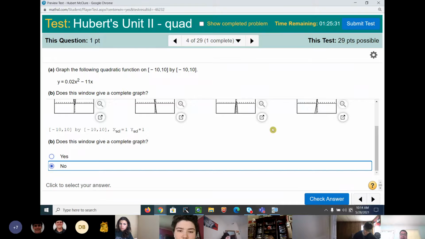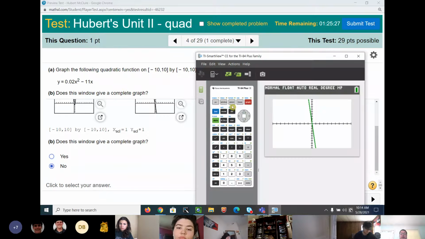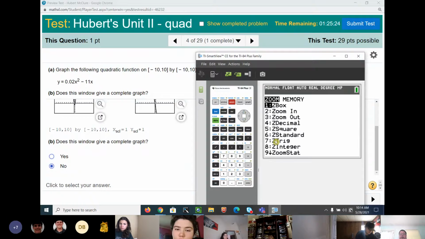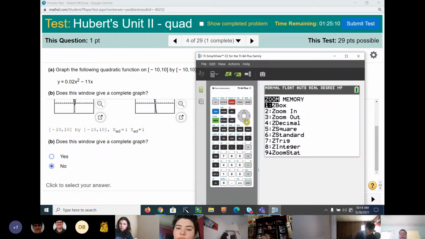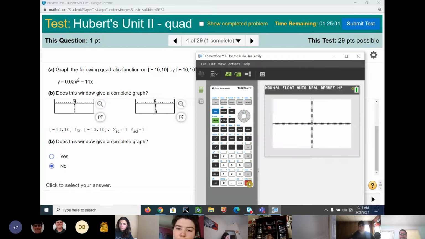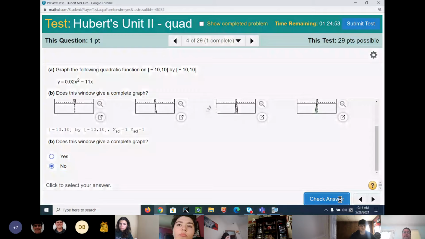So what you would have to do is do a zoom, and you could either do zoom standard or zoom fit, which I think is 0. Nope, I don't think you're going to be able to get this one in because of the 0.02. So you could zoom out maybe a couple. Let me see what else. Zoom fit doesn't work. Maybe zoom fraction 1/2. I don't think you're going to be able to get it. So no would be the answer. Thank you on that. Appreciate it. Next.